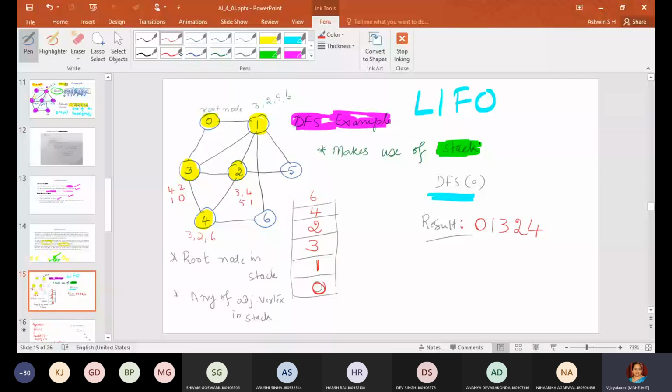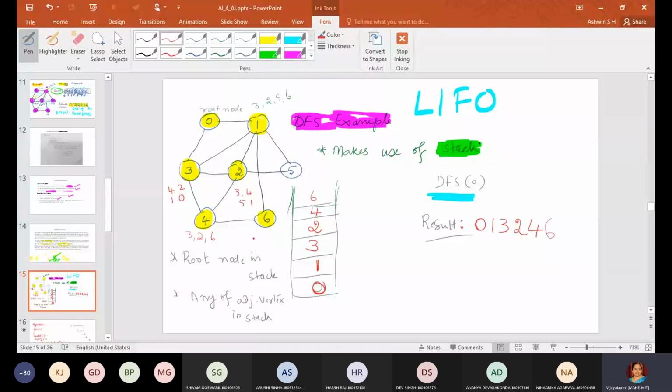One second, I'll complete this stack. So 6 has come now here. 6 is now visited. So 0, 1, 3, 2, 4, 6. I should write 6 here.